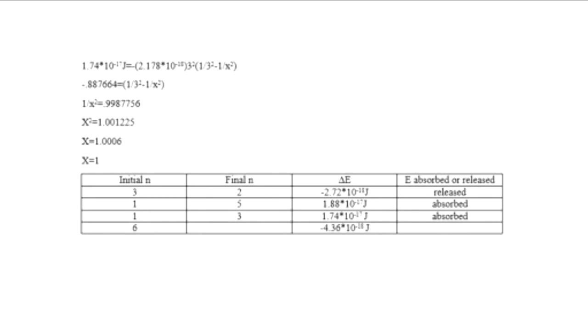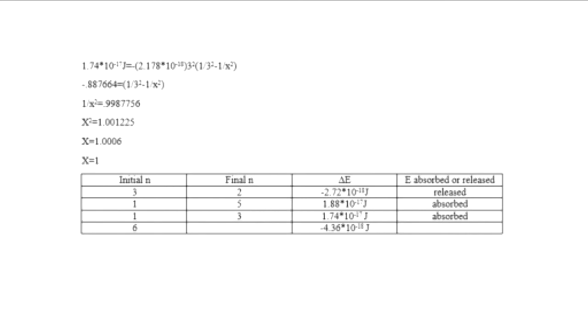By dividing 1.74 times 10 to the negative 17 by negative 2.178 times 10 to the negative 18 times 3 squared, we get negative 0.887664, that being equal to 1 over 3 squared minus 1 over x squared.